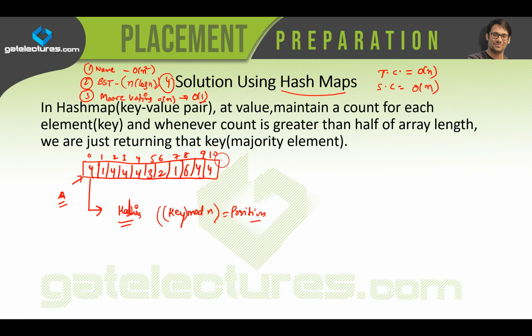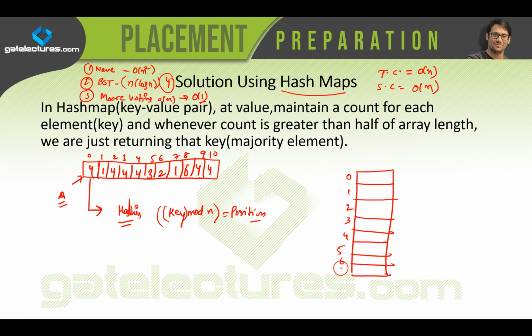So I'm going to use a hash table here which has a total of 10 locations, index locations 0 1 2 3 4 5 6 7 8 and 9. Now the interesting fact is, in the hash table, we are going to store two values. Number one is the key and the second one is the count.